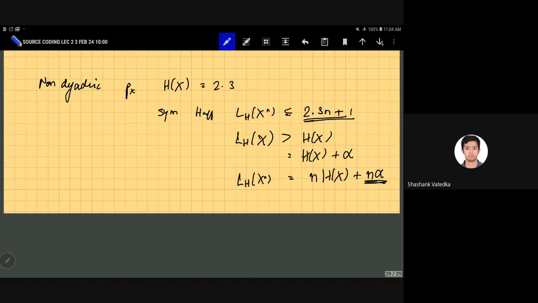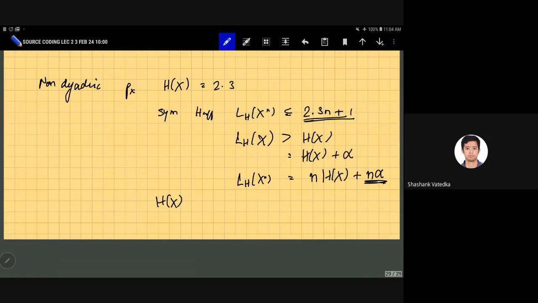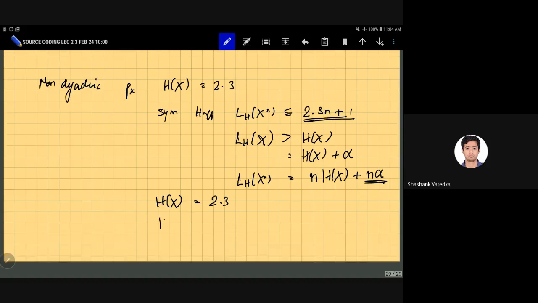The third: symbol-wise Shannon-Fano-Elias encoding achieves an expected length of less than or equal to 2.5n bits, which is false, because H of X is 2.3 bits, and we know that the Shannon-Fano-Elias code achieves an expected length of at least H of X plus 1 bits, which is 3.3 bits, strictly greater than 2.5n bits.